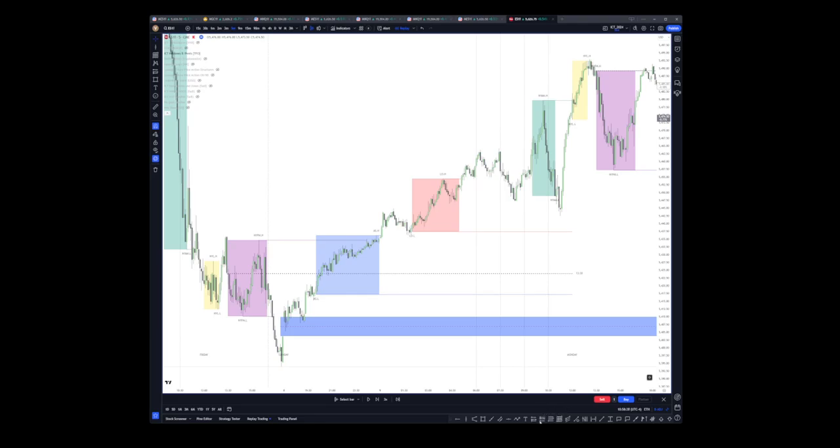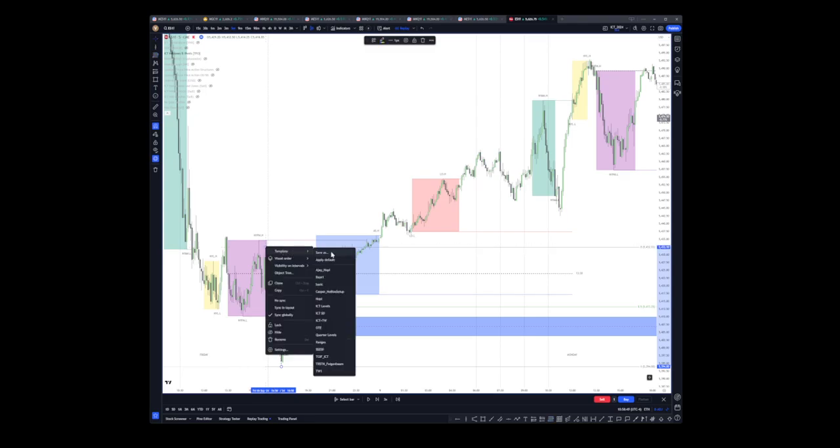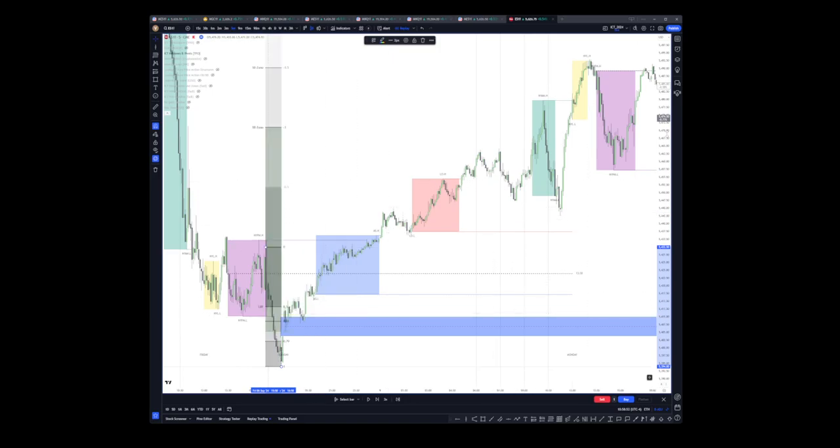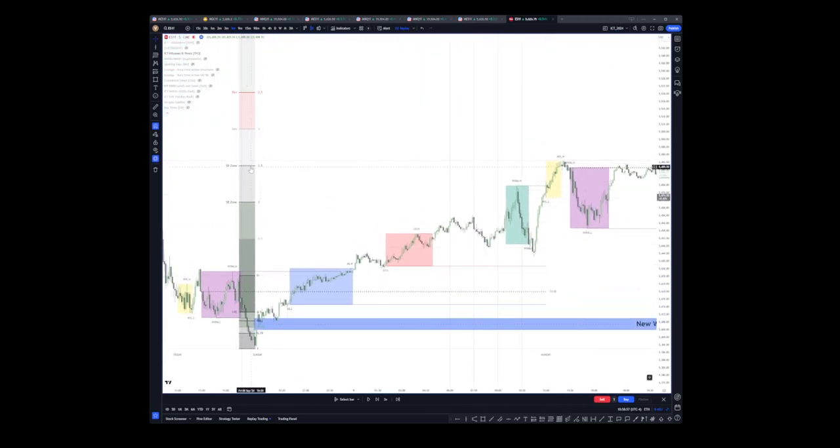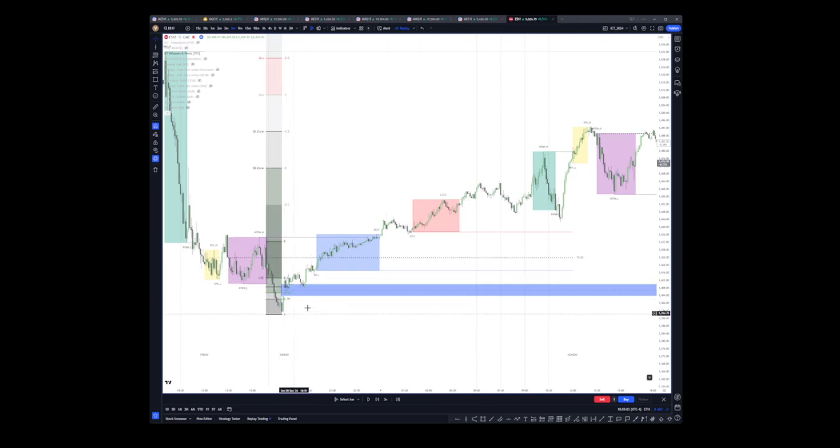Let's try anyway. This was the lowest point, but then you're looking at something like this. Reversal will happen somewhere here, but that'll be too much.